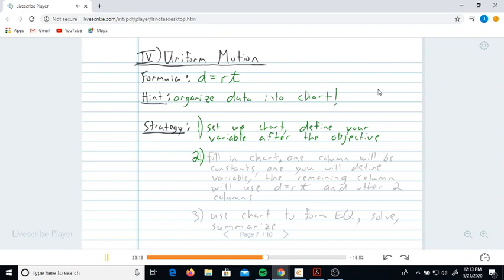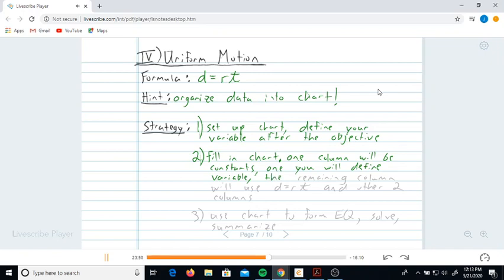And what you want to do is go ahead and fill in the chart. And when you fill in the chart, this is where you need to listen very, very carefully. One column will be constants. One column you will define the variable.